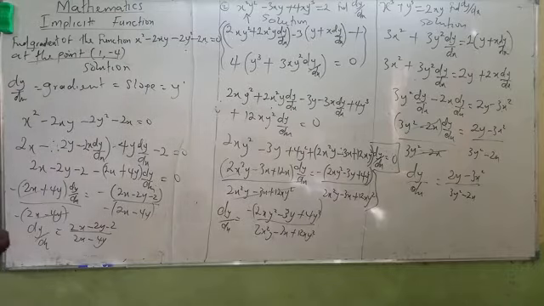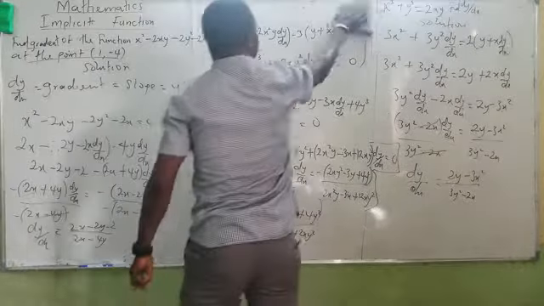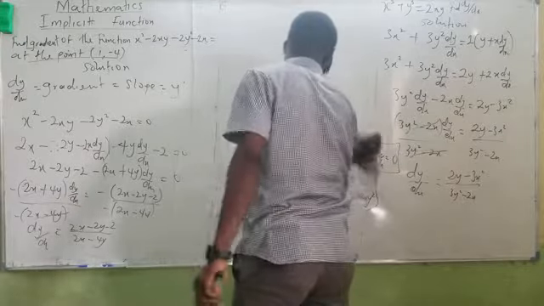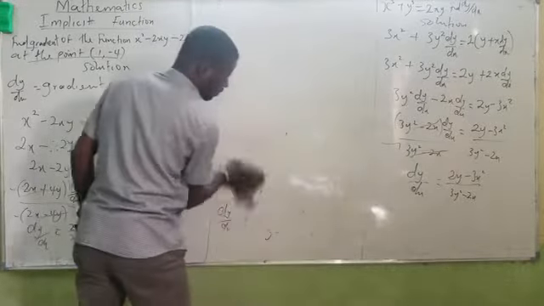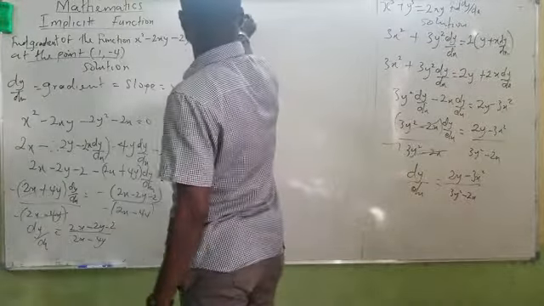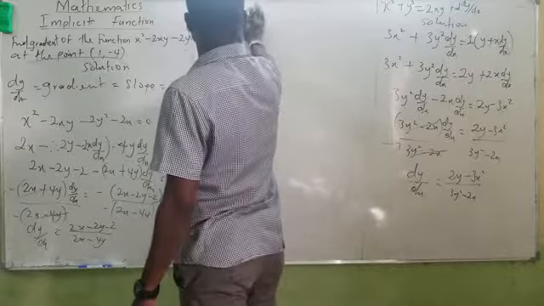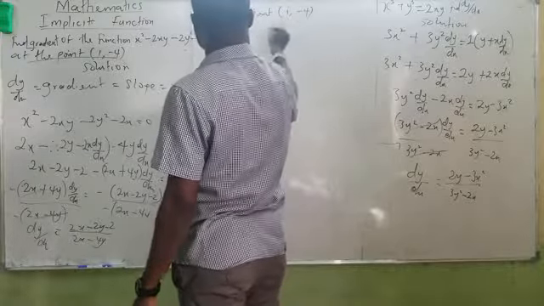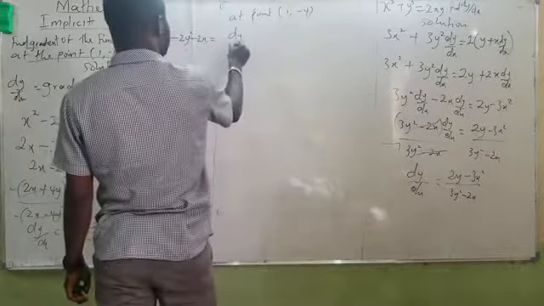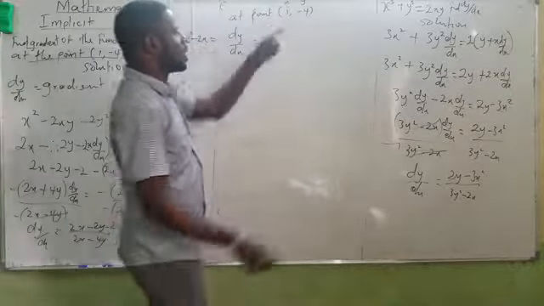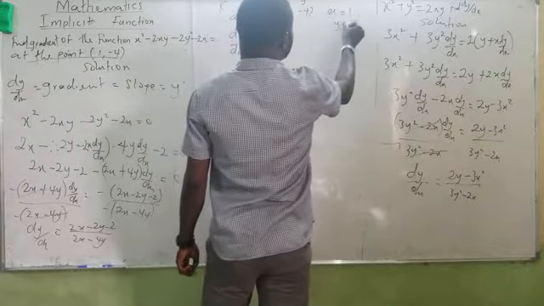It means at the point (1, minus 4), I'll be talking about dy/dx, where x equals 1 and y equals minus 4.